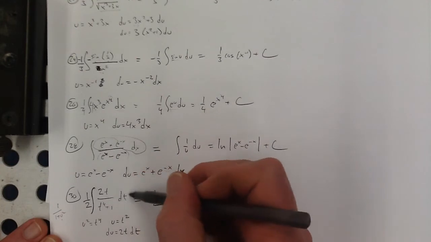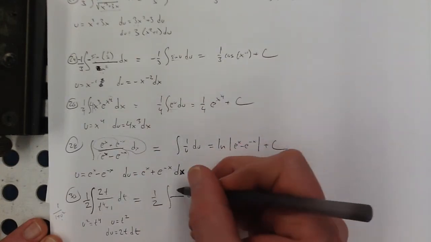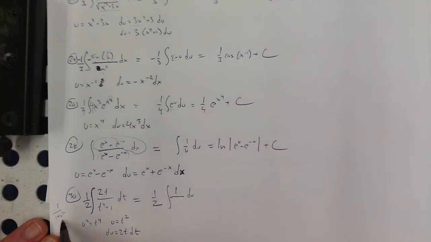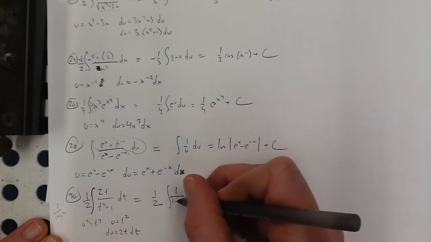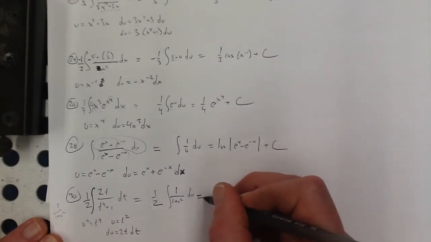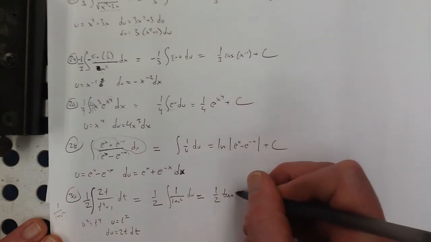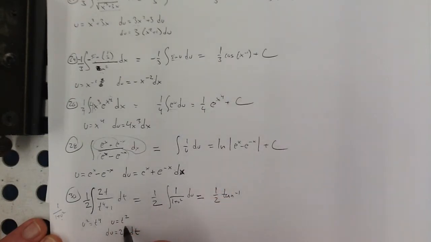So this is all just the du, and then I have 1 over 1 plus u squared. So that worked. That is a little tricky, I think. Tangent inverse of u.